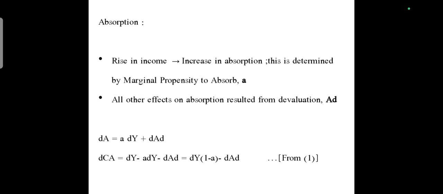We can express absorption by 2 points. As the rise in income leads to increase in absorption, this is determined by the marginal propensity to absorb. We will denote it by small a, and all other effects on absorption resulting from devaluation, we will denote by AD.